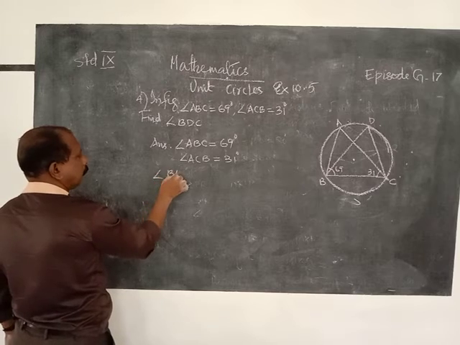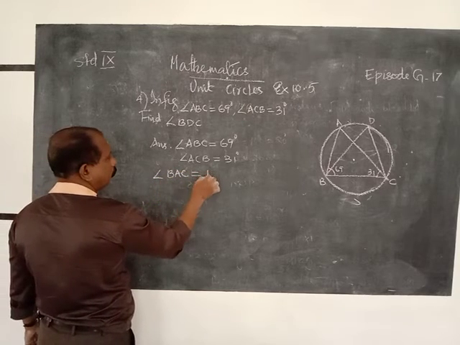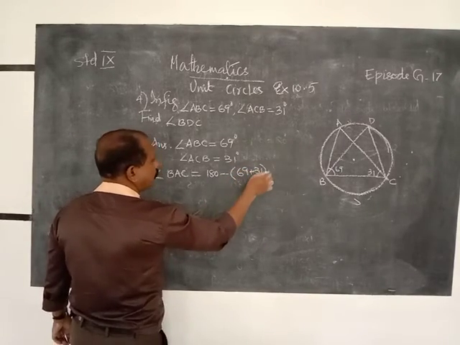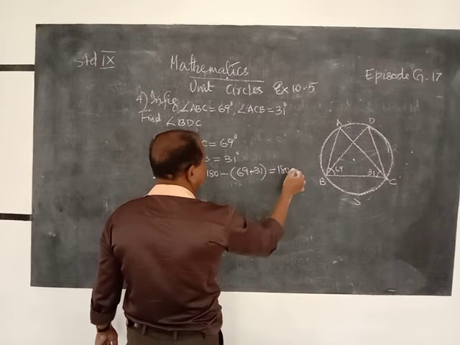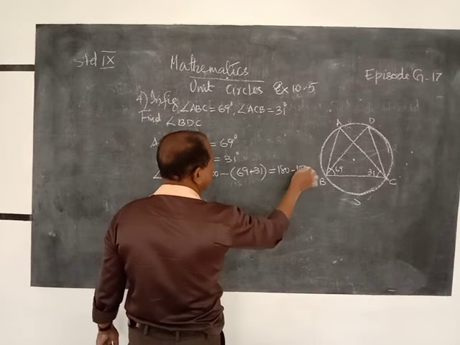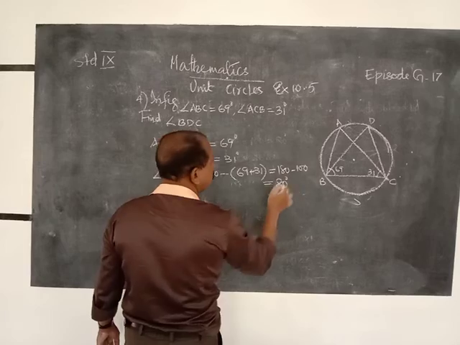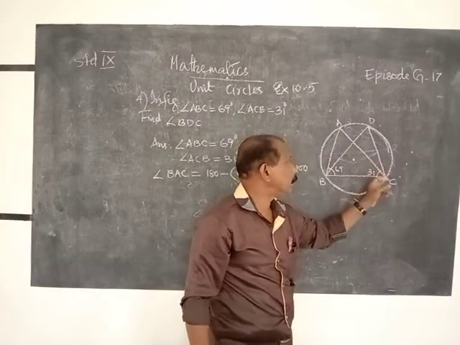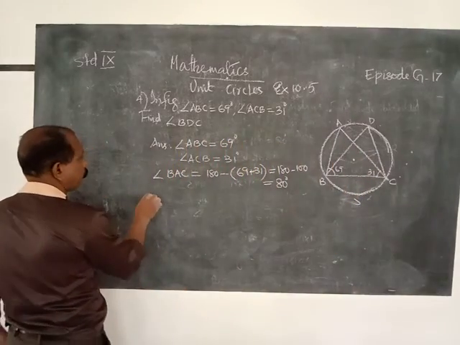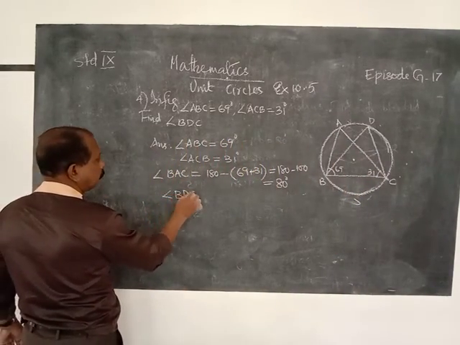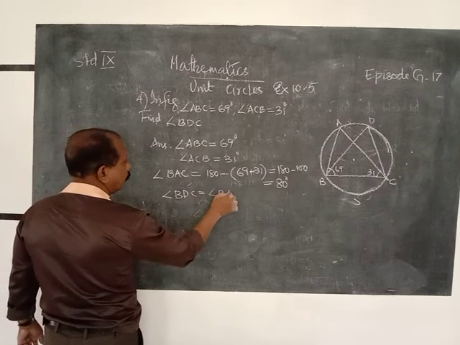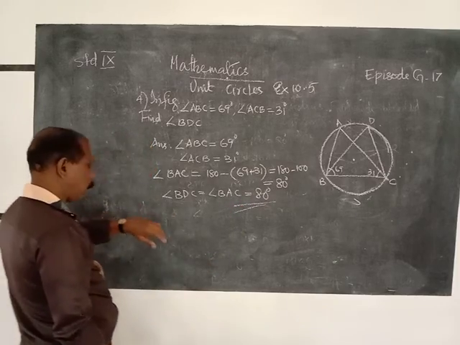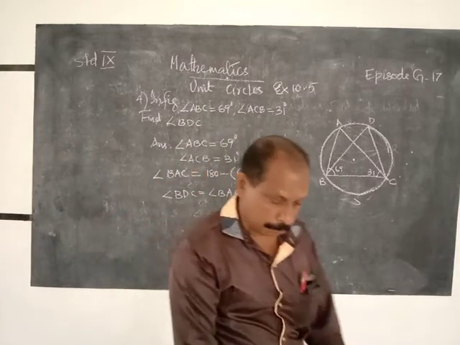Therefore, angle BAC is equal to 180 minus (69 plus 31), which is 180 minus 100, which is 80 degrees. Therefore, angles in the same segment are equal. Therefore, angle BDC is equal to angle BAC, they are equal. Therefore, inscribed angles in the same arc are equal in measure.